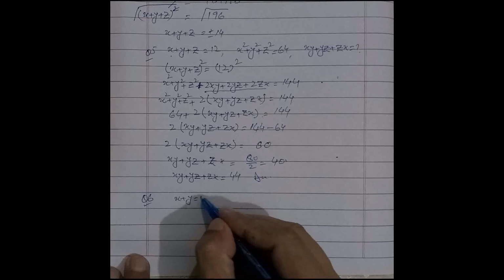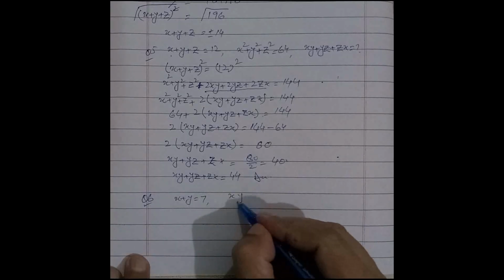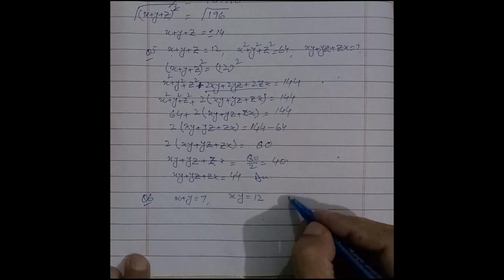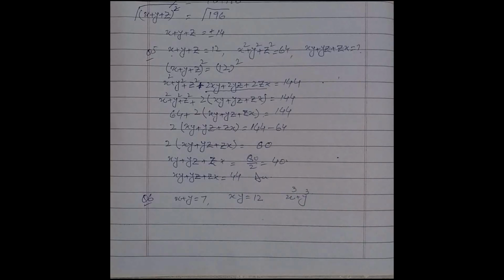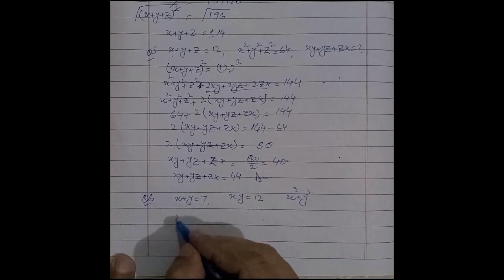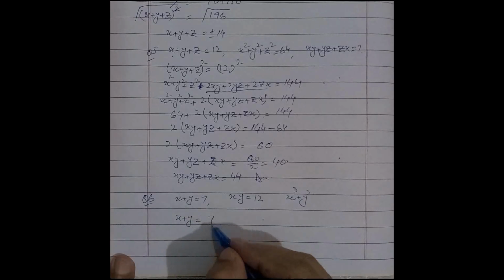x plus y is equal to 7 and xy is equal to 12. And we find the value of x power 3 plus y power 3. It is the cubes of the values. So we start: x plus y is equal to 7.